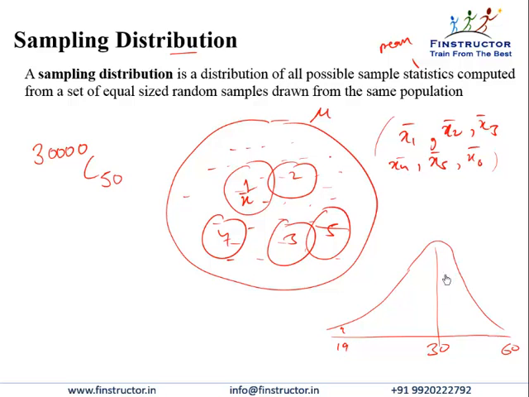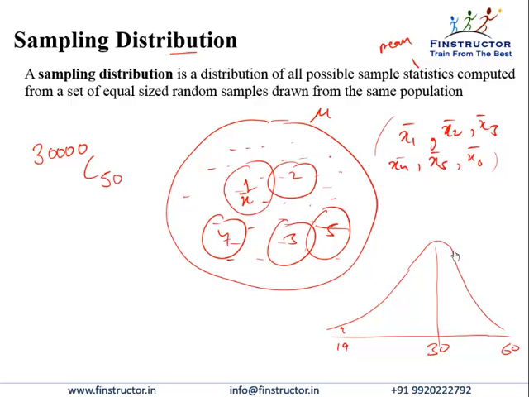Most of the people were concentrated around the age of 28 to 35, and that's where most of the values are. Any distribution is simply values on the x-axis and probabilities or frequencies on the y-axis. So most of the data is concentrated around the mean. Some very old people, some very young people.